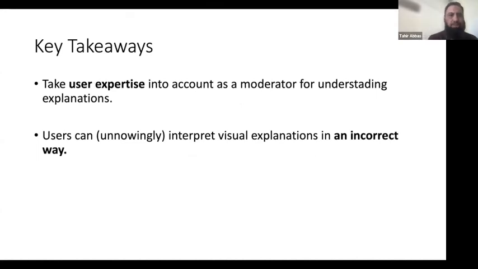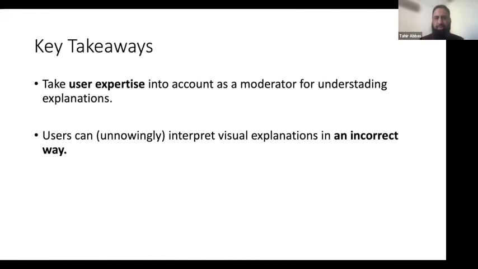So the two takeaway messages that they proposed were the following. Take user expertise into account as a moderator for understanding the explanations. That was the most important finding that they got. And users can unknowingly interpret visual explanation in an incorrect way.